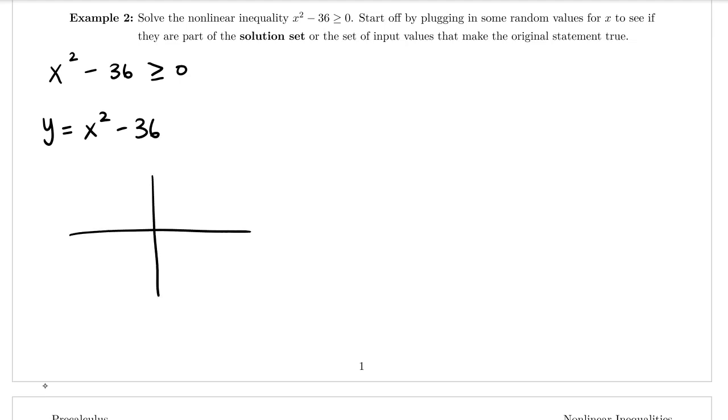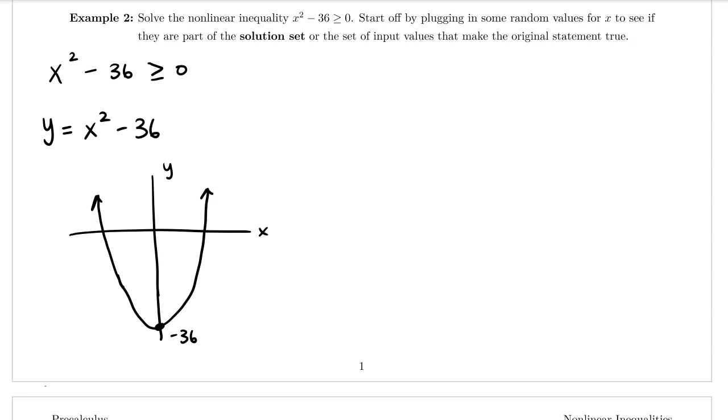So if I were to do a really rough sketch, here's my y-axis, here's my x-axis. X squared normally has its vertex at the origin, but we're subtracting 36, so our vertex is going to be down here at 0, negative 36, and then when we graph the parabola, it's going to face upwards because our leading coefficient is positive.